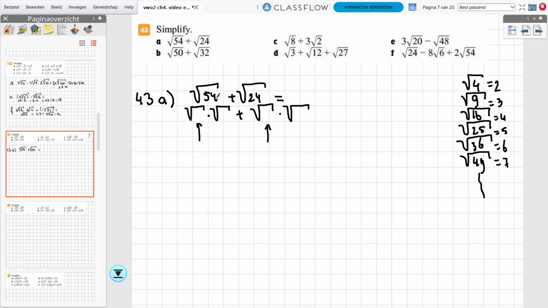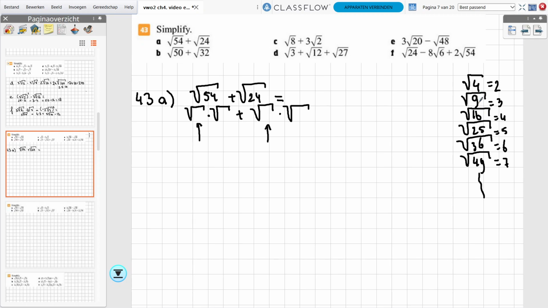Here for 54 I should start with 49, checking for 49. All the numbers bigger than 54 don't work. And I also see quite quickly that 49, 36 and 25 don't work. Maybe you have to double check 16, but I don't think that works either. So you have to go through the list in order and then you can get there.